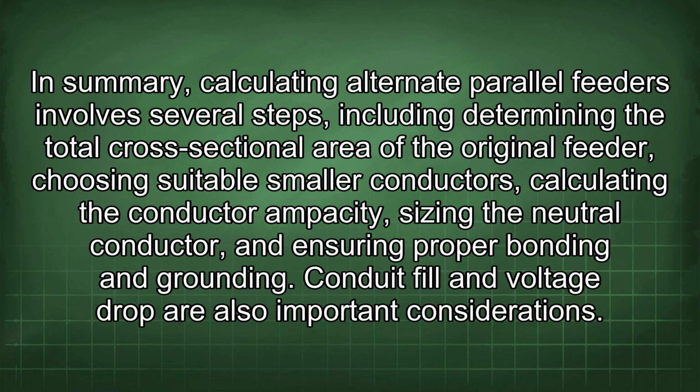In summary, calculating alternate parallel feeders involves several steps, including determining the total cross-sectional area of the original feeder, choosing suitable smaller conductors, calculating the conductor ampacity, sizing the neutral conductor, and ensuring proper bonding and grounding. Conduit fill and voltage drop are also important considerations.